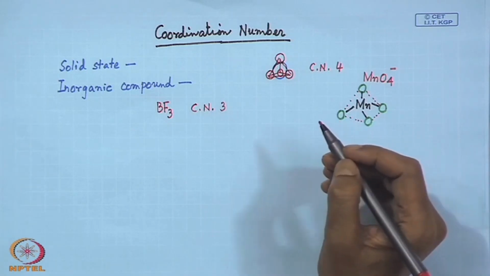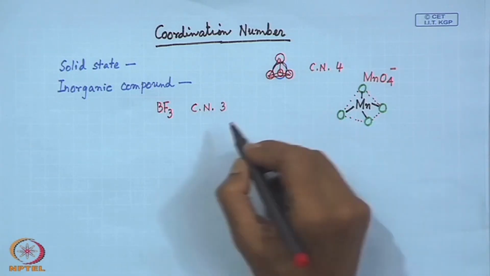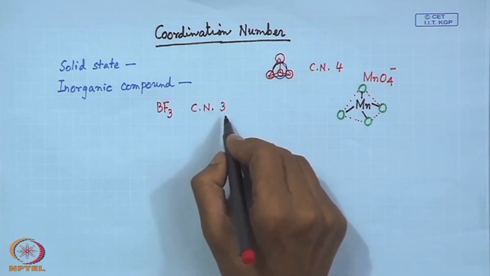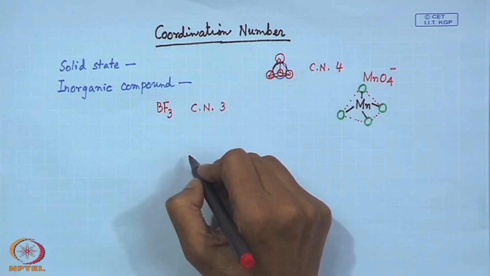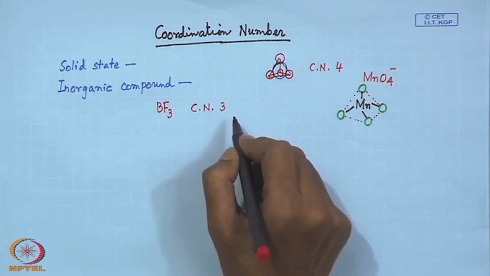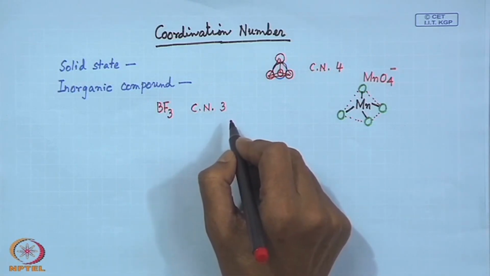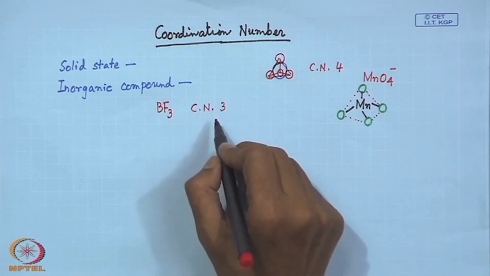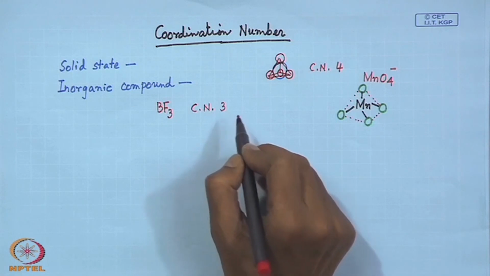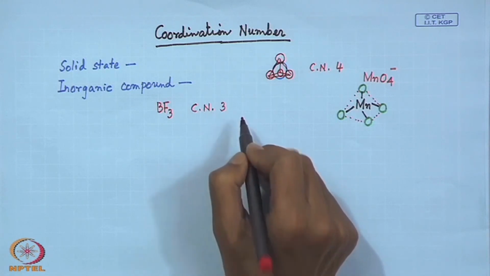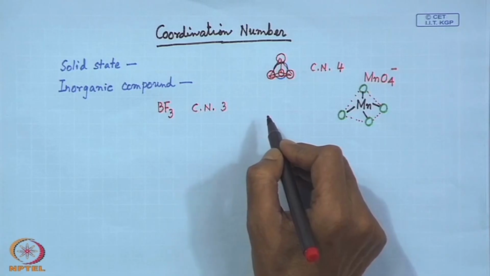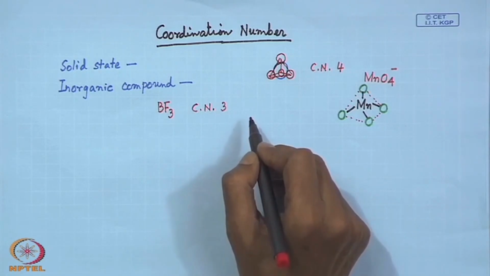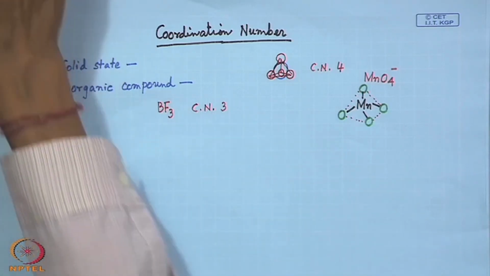But afterwards, if there are different possibilities related to this coordination number, we will find that one particular geometry is favored compared to the other possibilities, where the BF3 molecule will remain in that particular geometry. So coordination number, the geometry, and sometimes the corresponding stereochemistry of the coordination compounds, they are all interrelated.